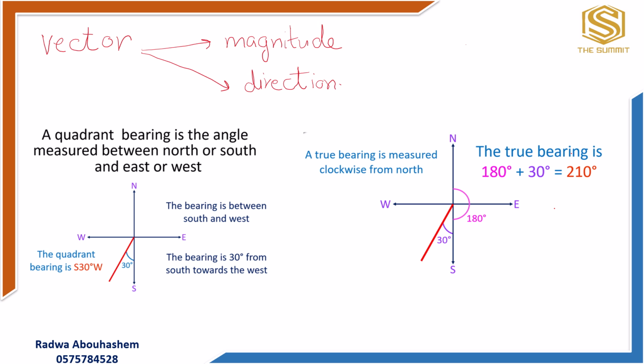Now, wherever you present a vector, you present it with an initial point and an end point, or terminal point. And you're going to read it like this: AB vector with an arrow above it.